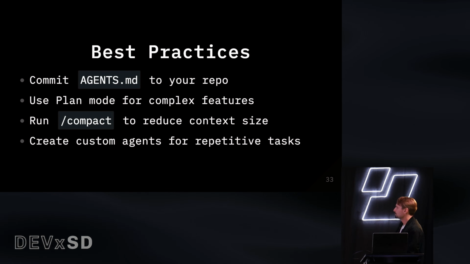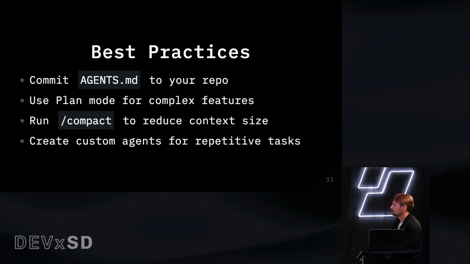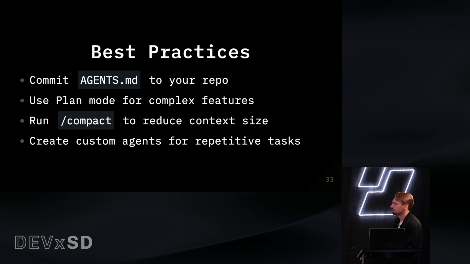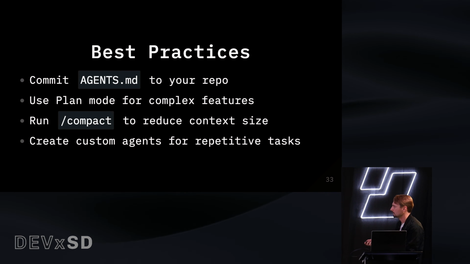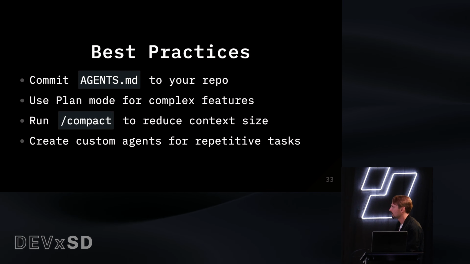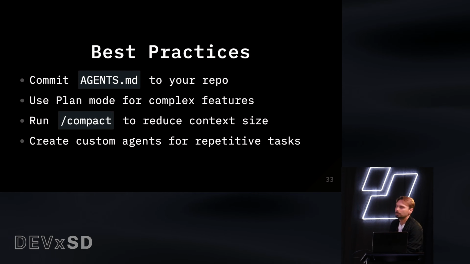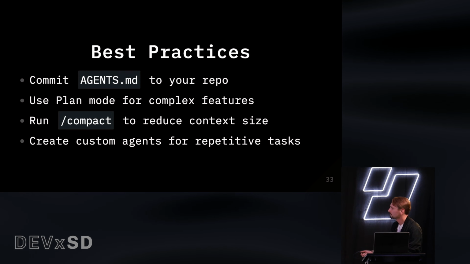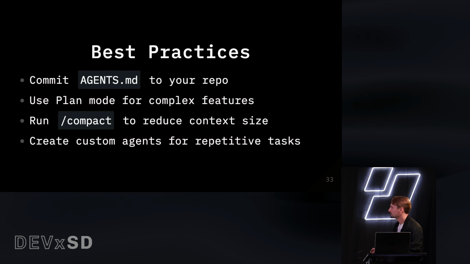So finally, best practices. Commit agents.md to your repo. That's pretty good because you don't want to restart with a fresh slate. You want to put things in here that really keep track of what the project is for the agent. And then use plan mode for complex features. This is a bit of a recap. Run compact to reduce the context size.